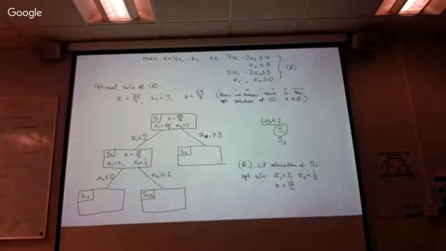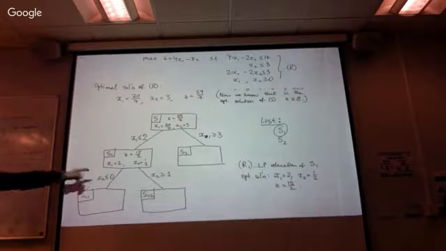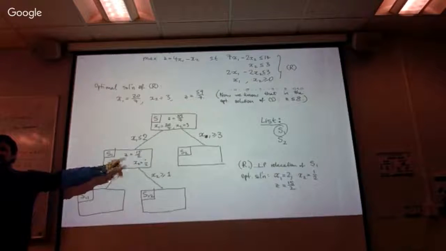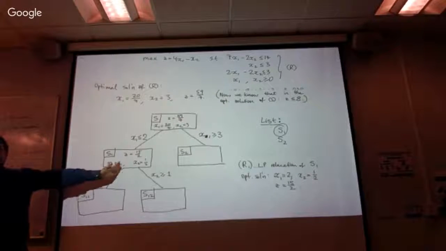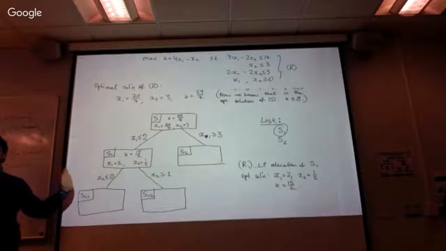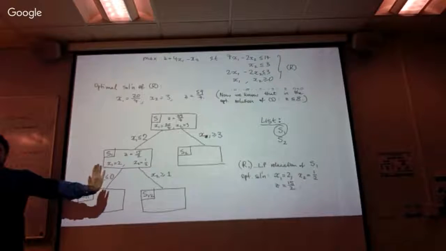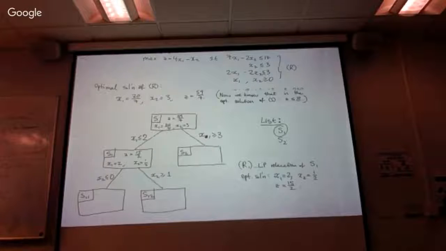Why'd you say that? Because it can't be 0.5. Yeah, because the optimum here was 1/2. So we want to split it around the 1/2. So it can't be 1/2. Either it's at most 0 or it's at least 1. Okay, so that's the same idea as before. We split it according to it. Is the idea clear?